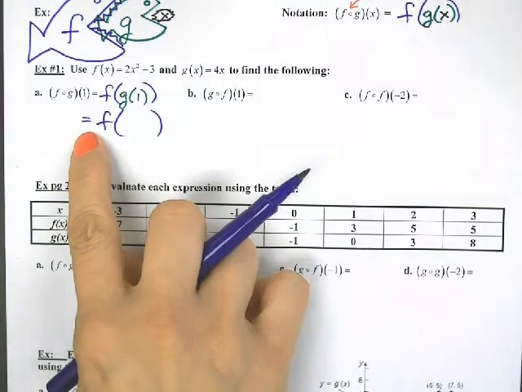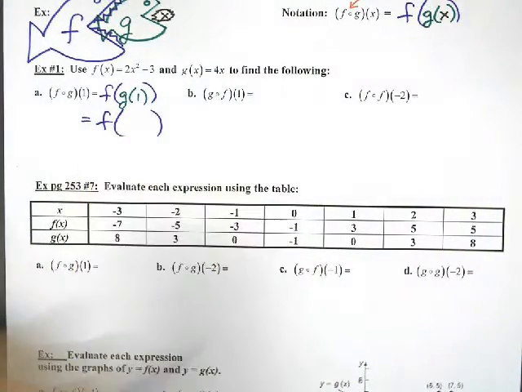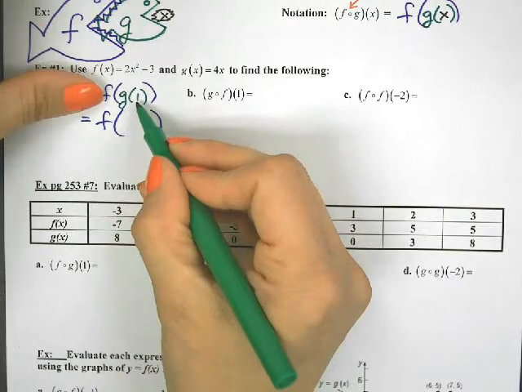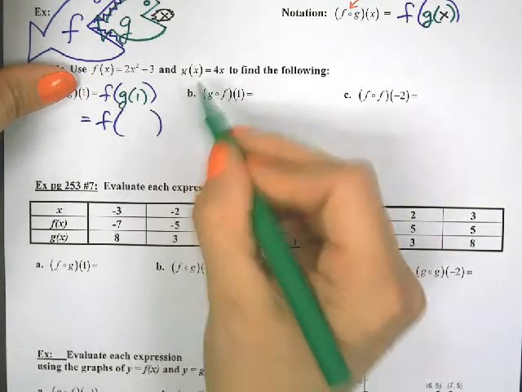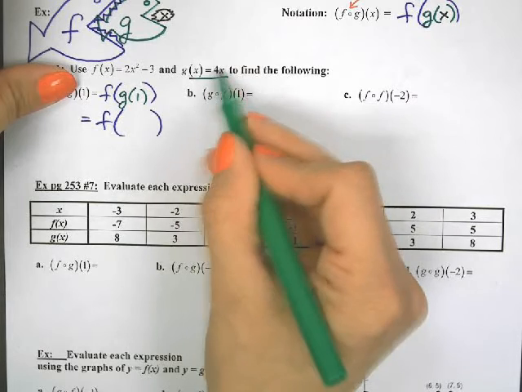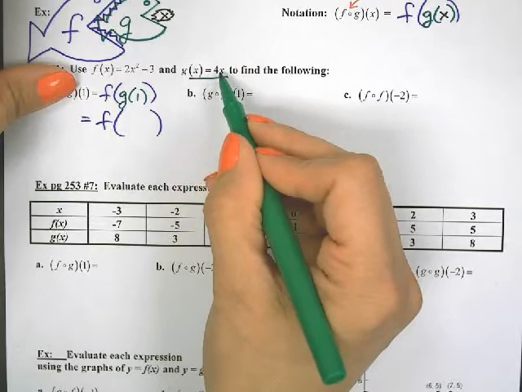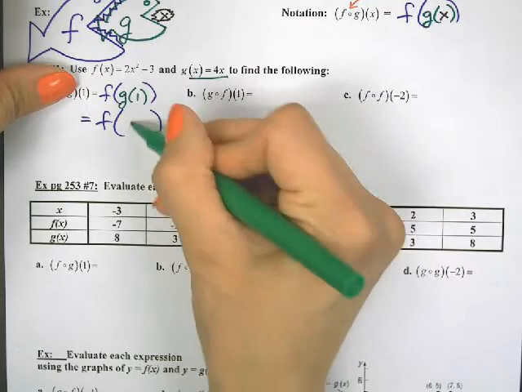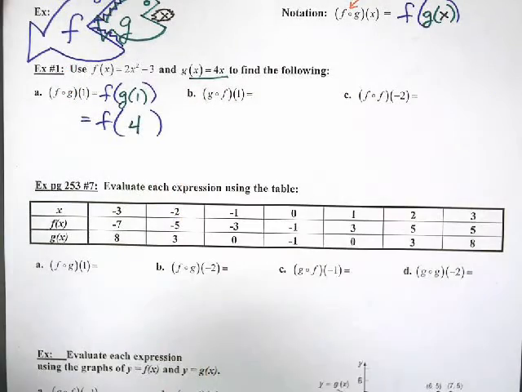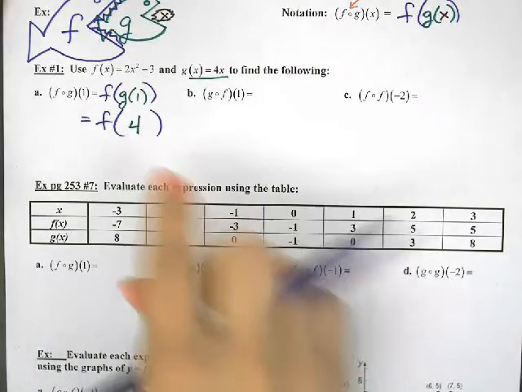So what we need to do first is calculate the inside. So please write an equal sign, and please write an F. Now, the 1 is going to go into the g function. So look at your g function here. And we have to put 1 into that. So g of 1 is 4 times 1. Answer is 4. But we're not done yet. But you need to show me this intermediate step.